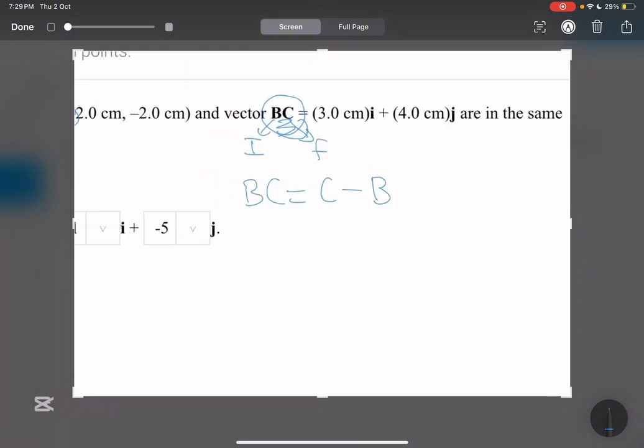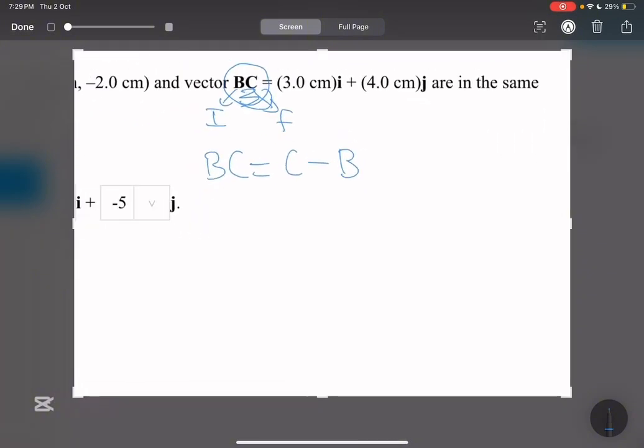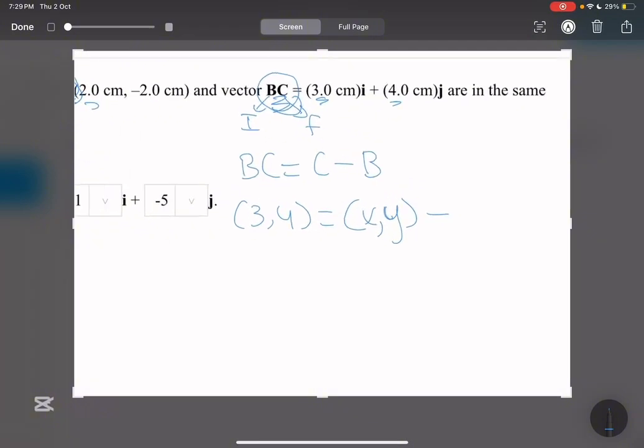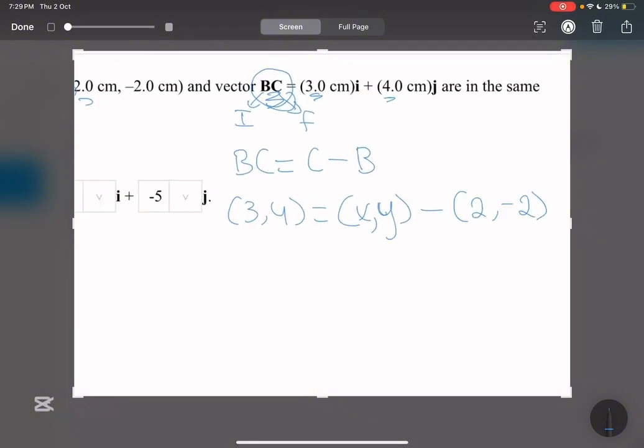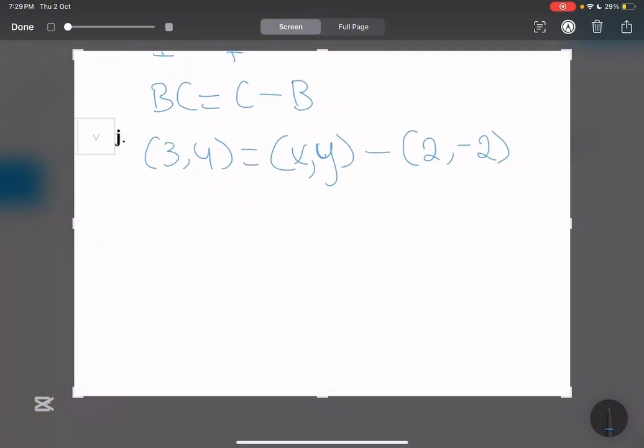Okay, so now BC is going to be 3 and 4. So 3, 4 is equal to x and y, because they're unknown, minus the points for B, which is 2 and negative 2. Okay, so we're going to separate them. First we're going to do the x's. This is the x, this is the x, and this is the x. So 3 is equal to x minus 2. So x is 5.